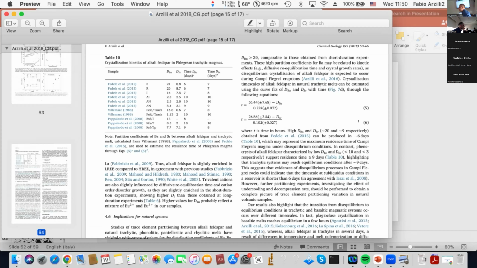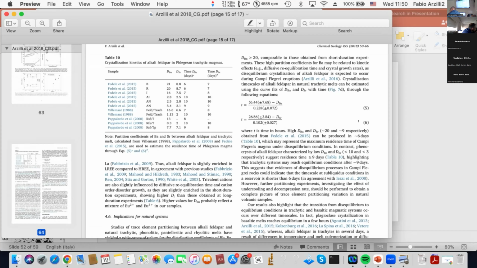The short time experiment is like fast growth rates, and we can see the partition coefficient with the faster growth rates. And the long-duration experiment would be the proxy for the slow growth. Sorry, can you repeat? My question at the beginning was: is there a relation between growth rate and partition coefficient?